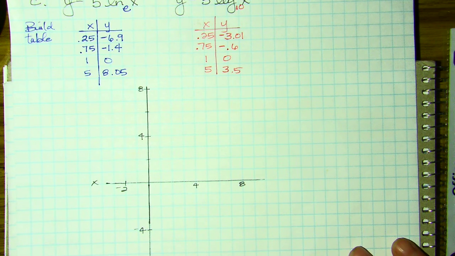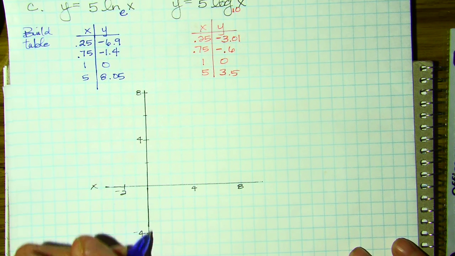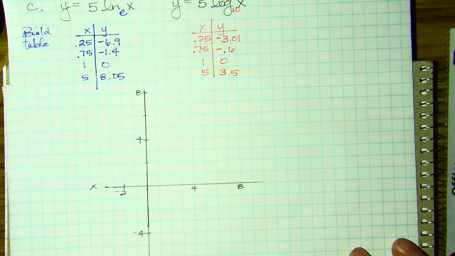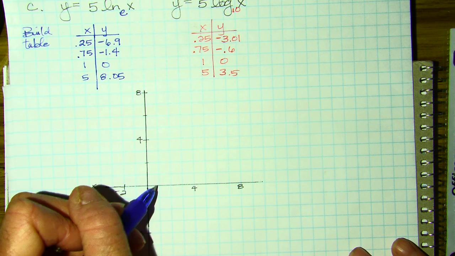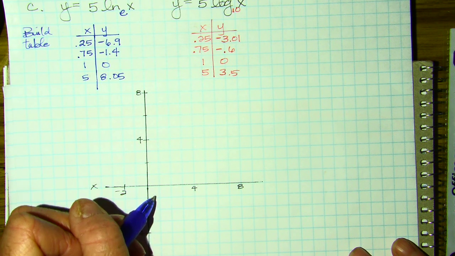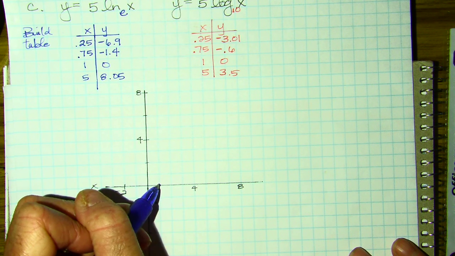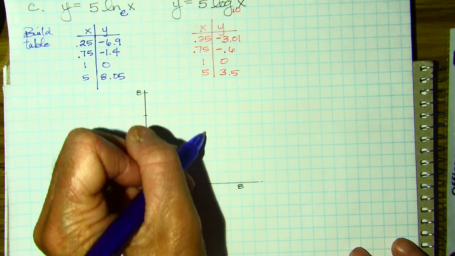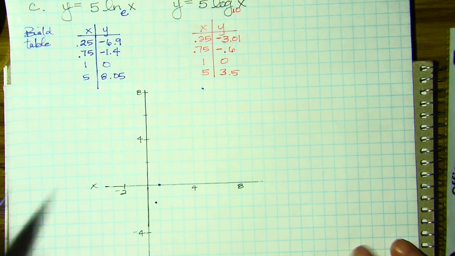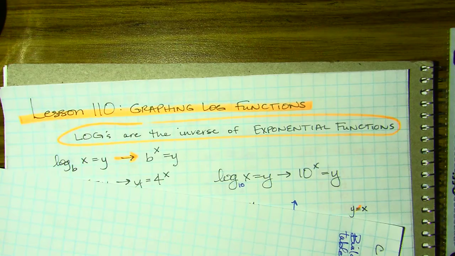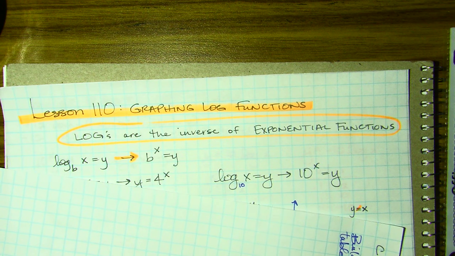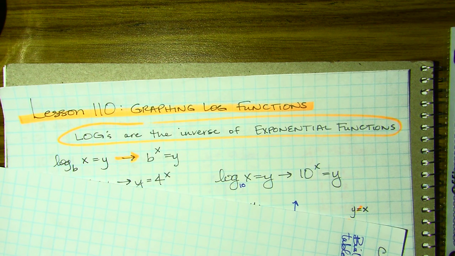So in blue, I have 0.25 and negative 6.9. So it's almost 7, so this would be 6. 0.75, which would be here, and negative 1.4. 1, 0, and then 5, and almost 8.1. So there's blue.